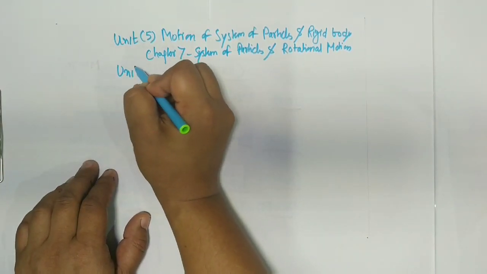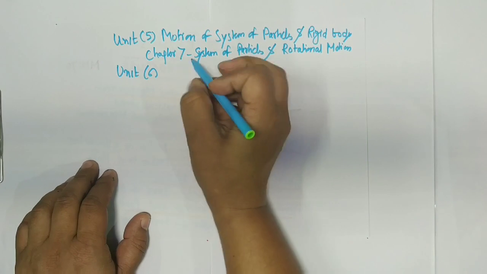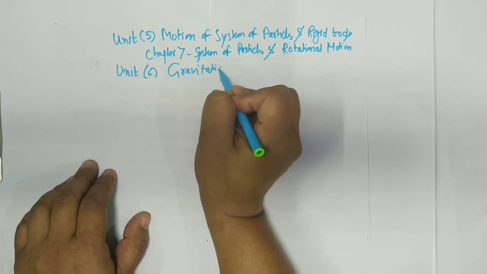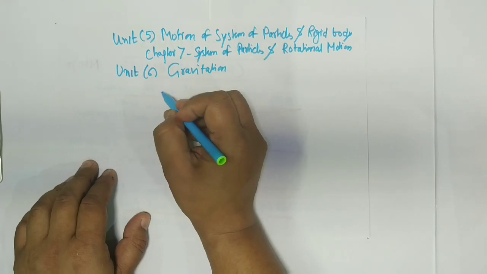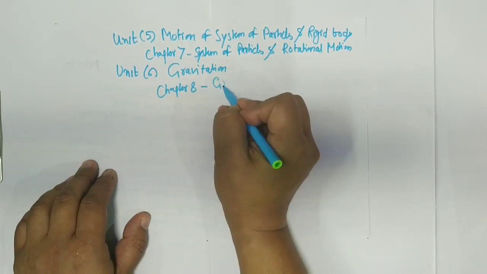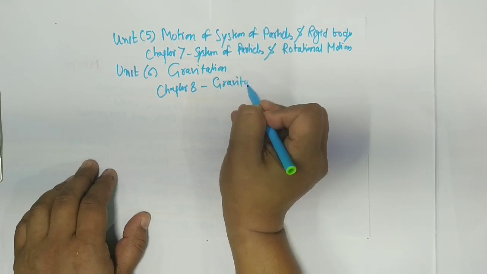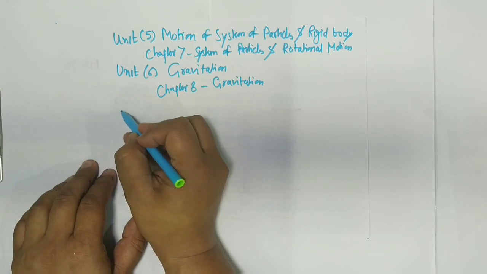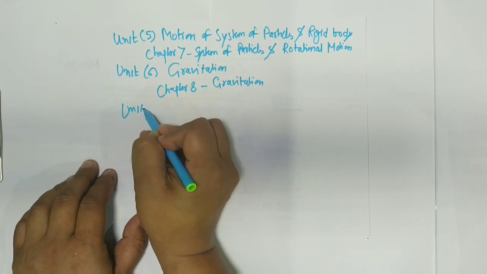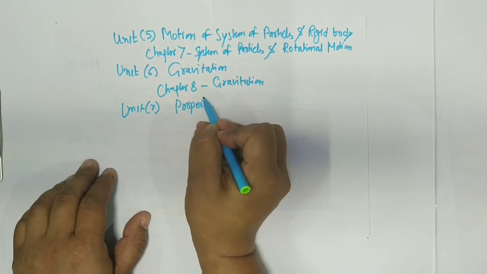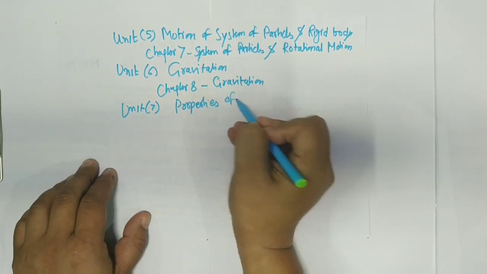Then unit number 6 is gravitation. Have you heard about gravitation in class 9th? Chapter number 8 is gravitation itself, so this unit has one chapter. Then unit 7 is properties of bulk matter.